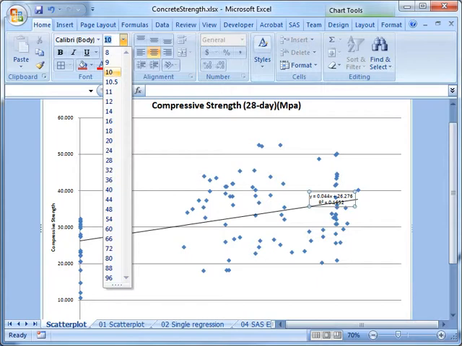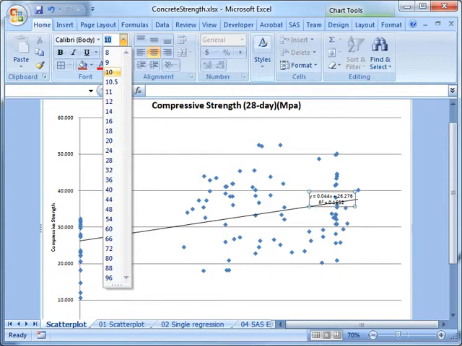Generally in business, we're only interested in linear relationships. It's very hard to wrap our heads around nonlinear relationships except in very specific circumstances. So you select linear, and then at the bottom, ignore the intercept, but decide to show the equation of this line on the chart, and also show this r squared value on the chart, and we'll see what we get.